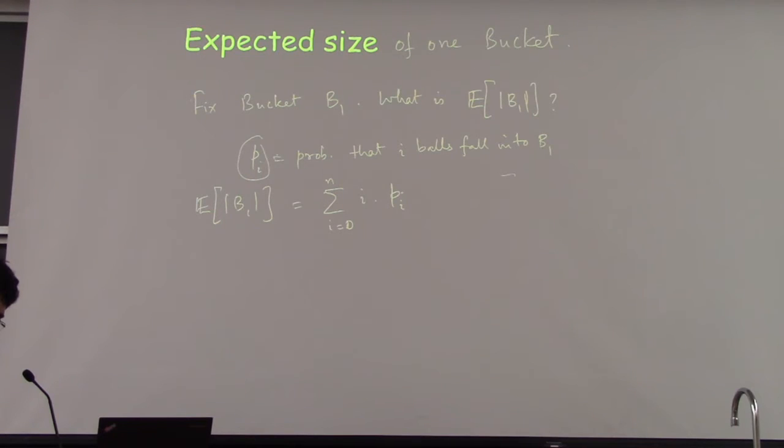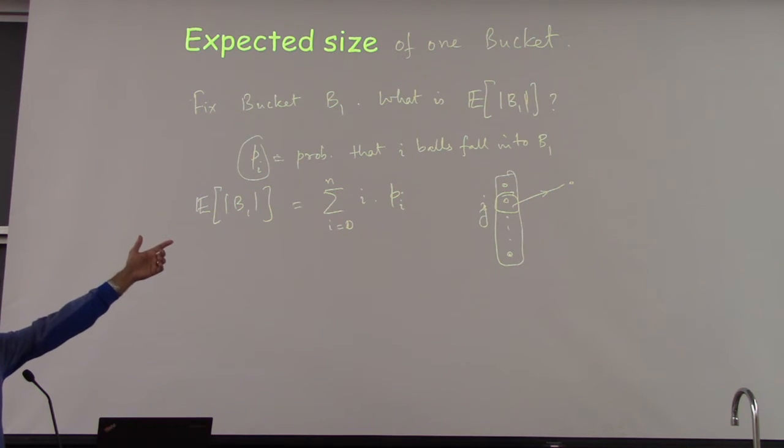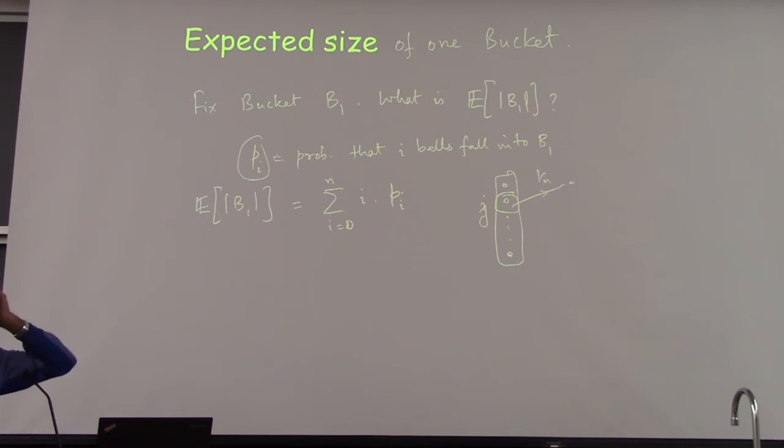There are n balls total, and I want exactly i of them to go into B1. For the jth ball, the probability that it goes into B1 of all the buckets is exactly 1 over n.